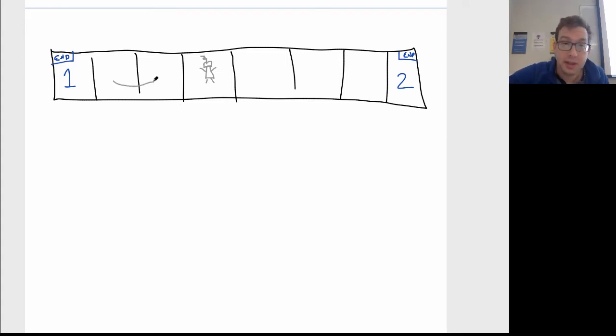It might be, if I'm in this square, I go right. If I'm in this square, I go left. In these two squares I go right, in this square I go left, for example, and in this square maybe I go right.